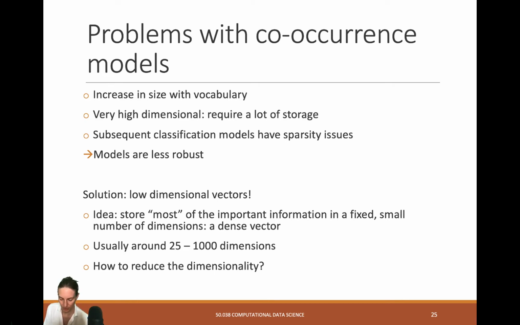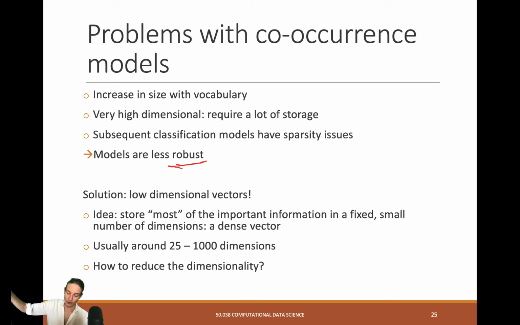So the models that result from this are less robust. The solution would be to create low-dimensional vectors. So the idea is to store the most important information in a fixed small number of dimensions, so a dense vector. Typically, these vectors have around 25 to 1,000 dimensions, so way less than the 20,000 in our dictionary.